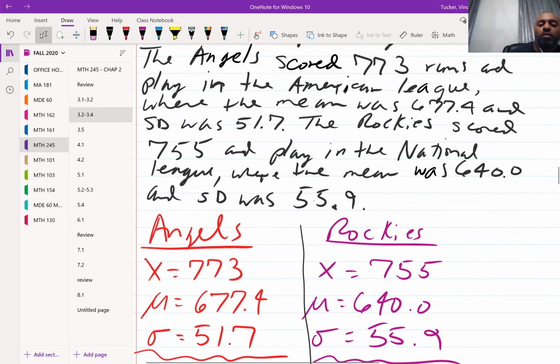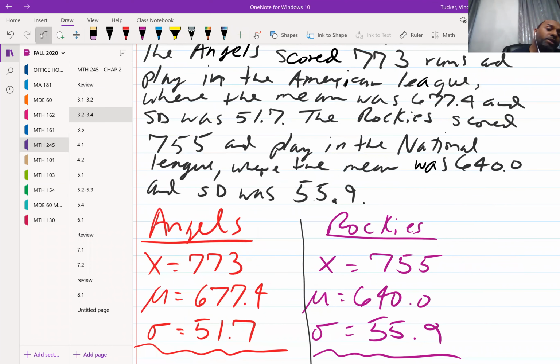So looking at our given information, in the red we have our Angels. They have 773 runs, so that will be our X with a mean of 677.4, standard deviation of 51.7. Rockies has 755 runs, 640 is the average in the National League, and 55.9 is the standard deviation.